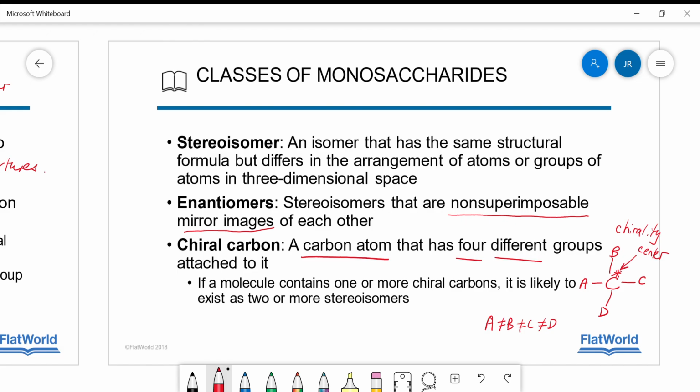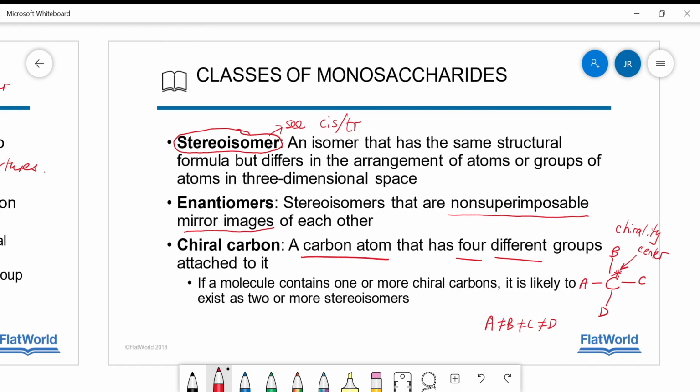We'll worry about stereoisomer. Actually, we've seen an example of a stereoisomer already in the previous chapter, the organic chemistry chapter. So a stereoisomer is an isomer that has a different shape. Stereo means shape. So for now, I'll just say cis-trans isomers.